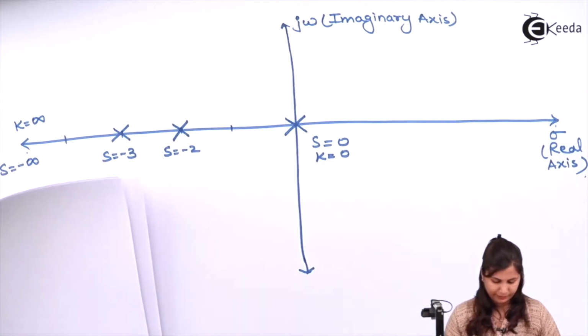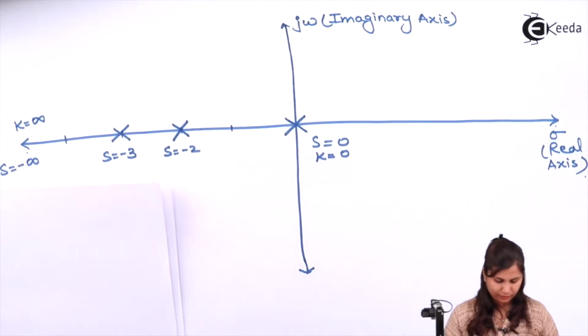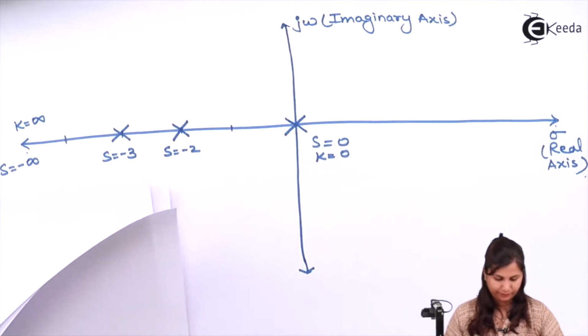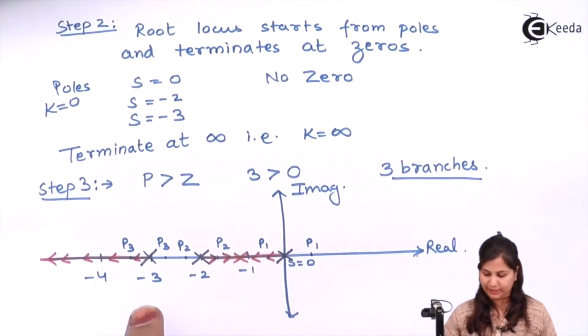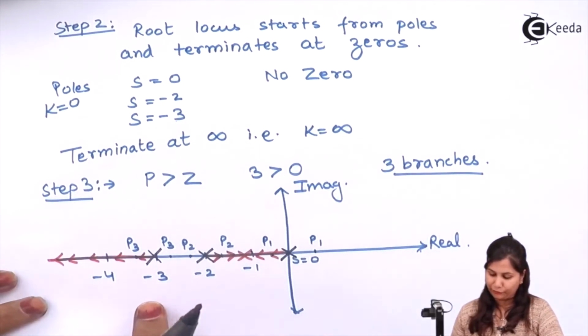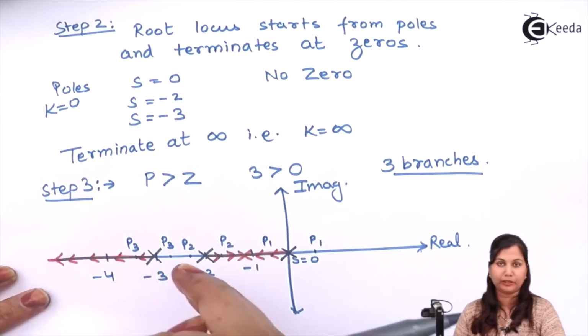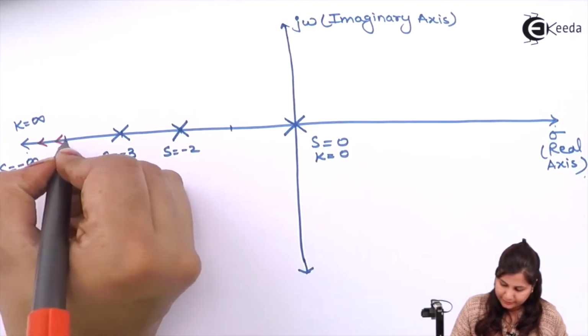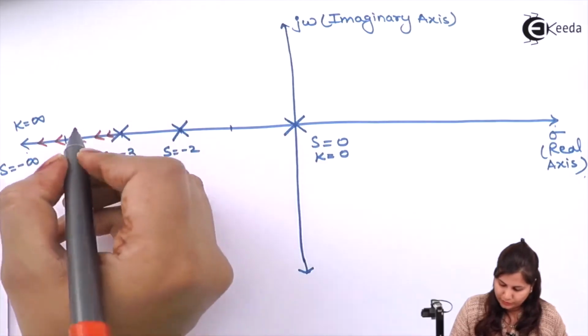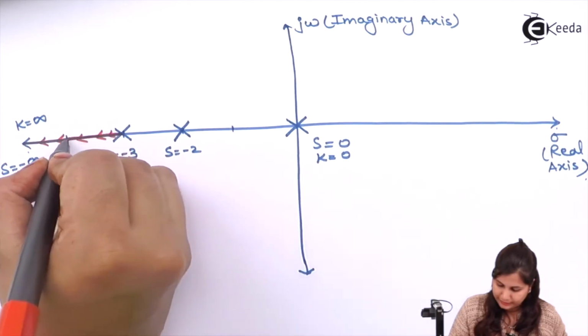Here we have obtained the direction of the root locus already in our step number 3, that for s equals -3, it will be towards infinity. So we will plot here again this. Okay, so it will be like this.